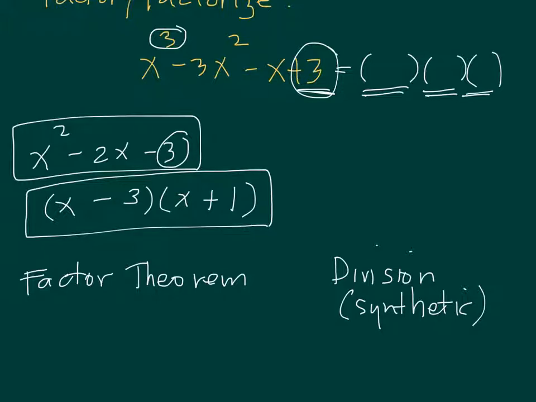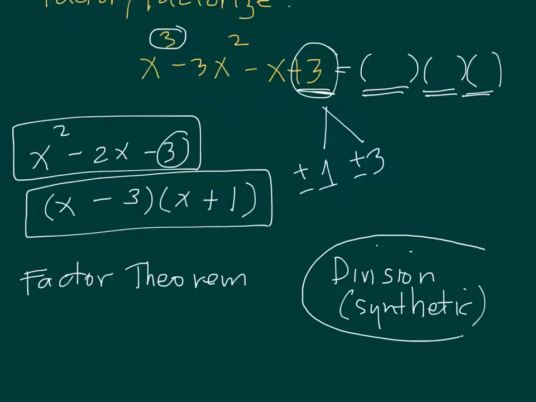What you have to do is to identify the factors of 3. So it could be the 1 or the 3, so maybe the positive 1 or negative 1, or the positive or the negative 3. So how do we use these numbers? That's where we use synthetic division.